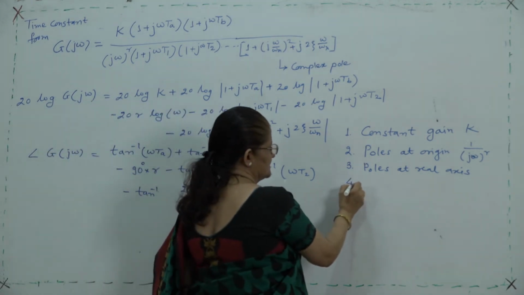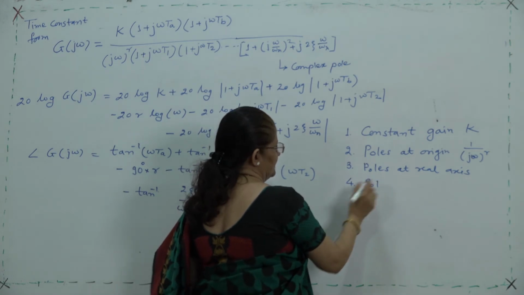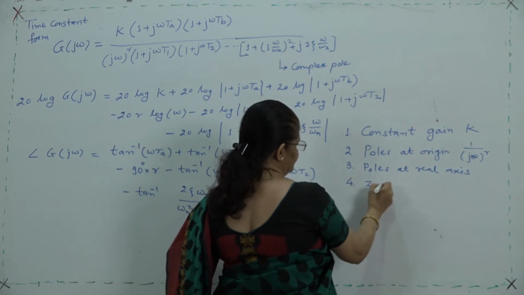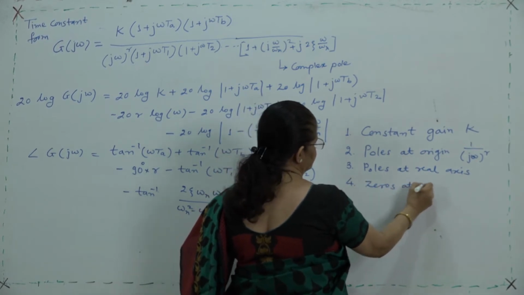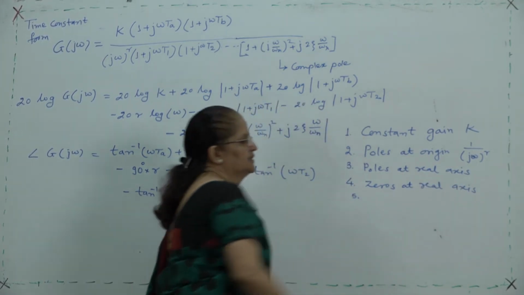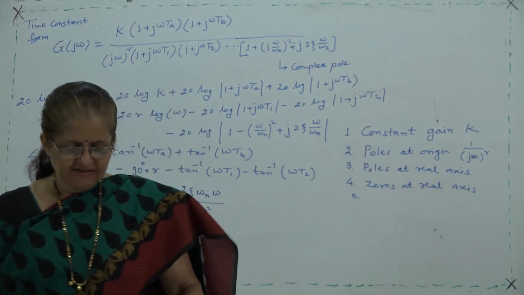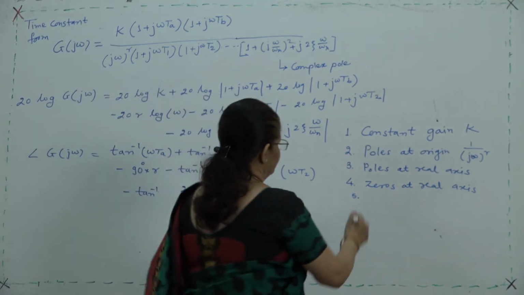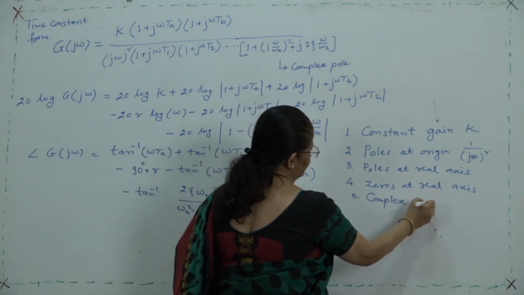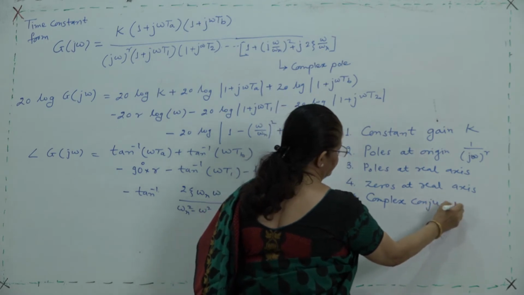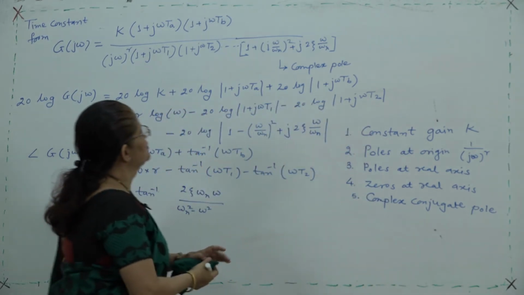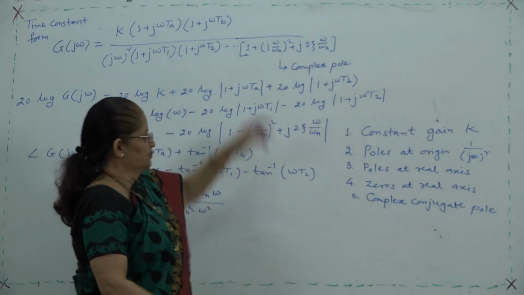And then zeros at real axis, then complex conjugate pole, which is this term.